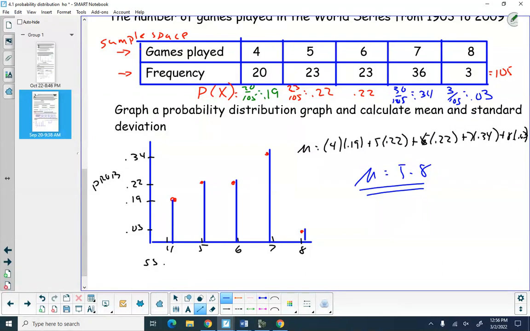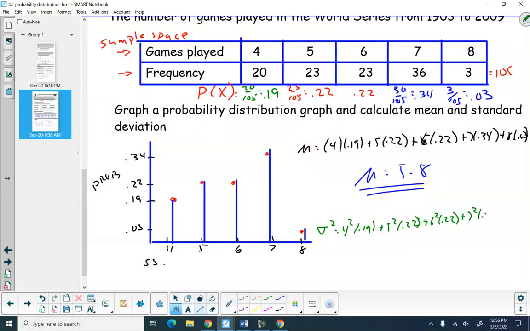Just looking at the variance real quick, we have 4 squared times 0.19 plus 5 squared times 0.22 plus 6 squared times 0.22 plus 7 squared times 0.34 plus 8 squared times 0.03.